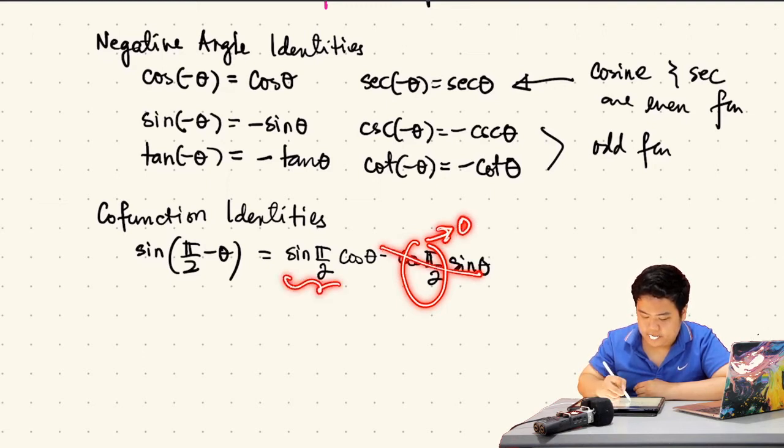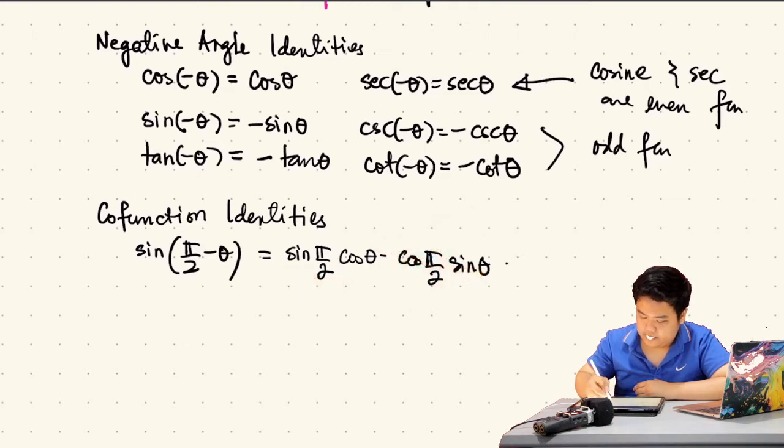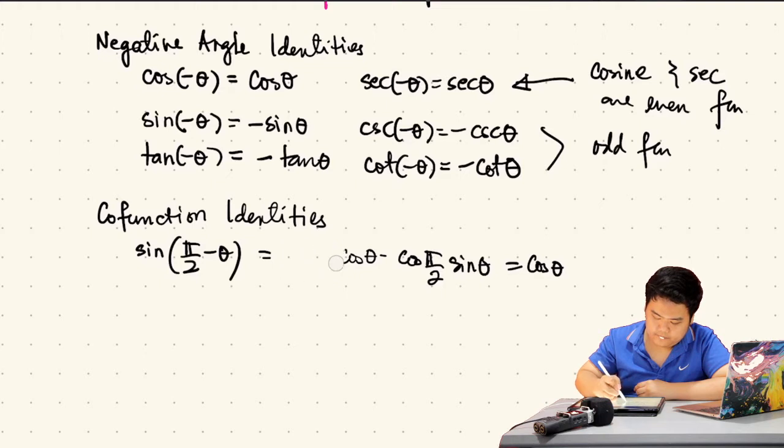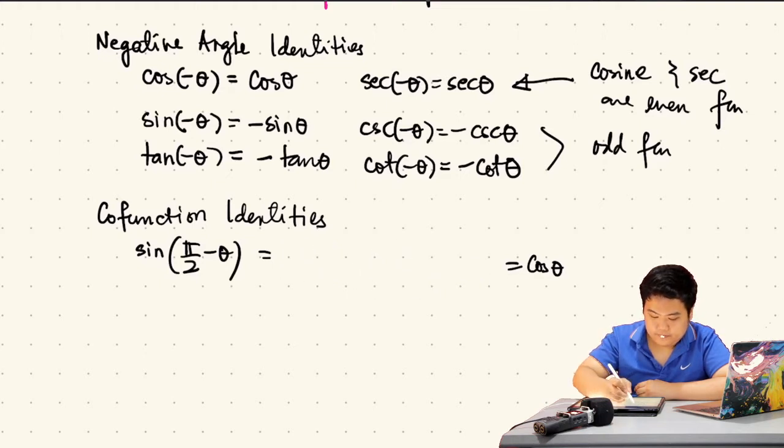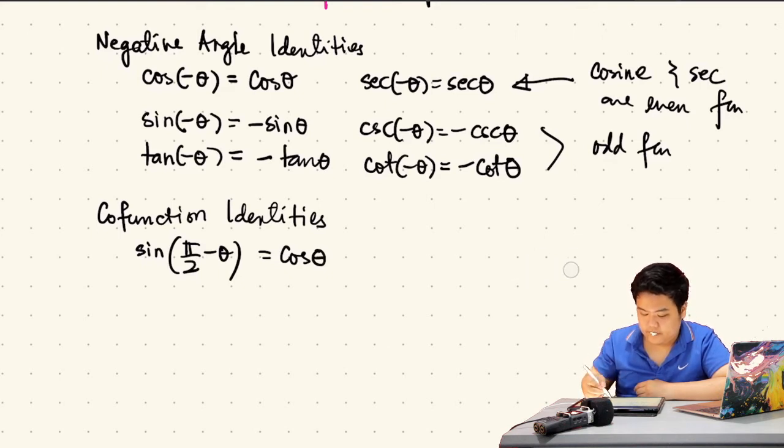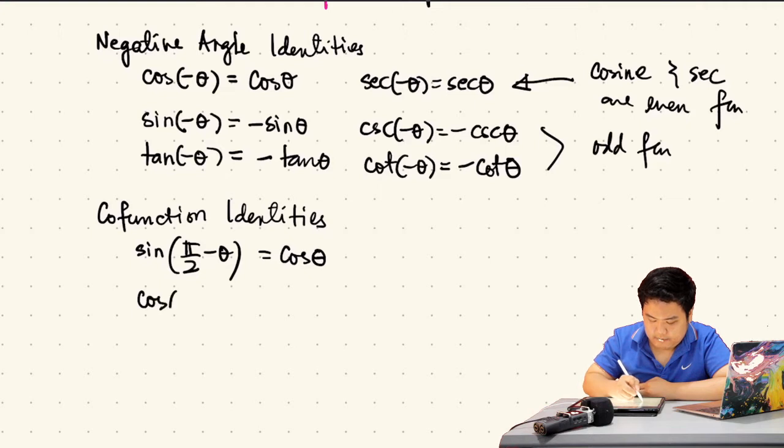Sine pi over 2 is 1. So, the answer here is cosine theta. Yes. Okay. And you can do the same for cosine pi over 2 minus theta. You get sine theta.